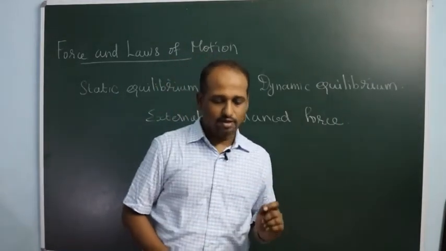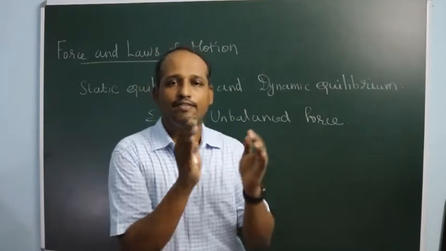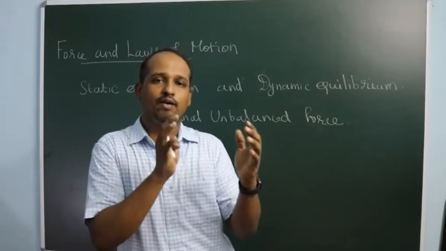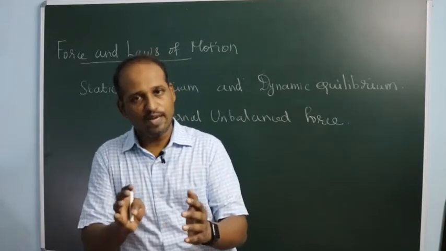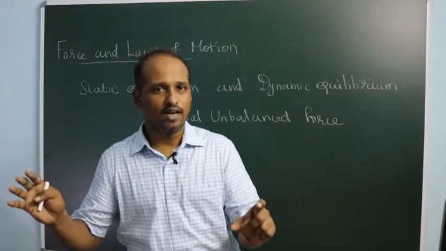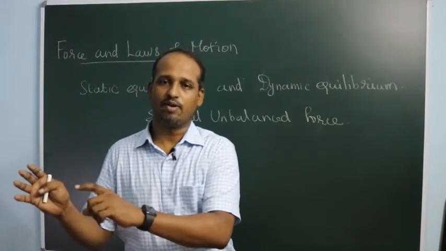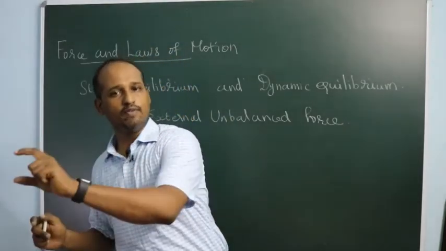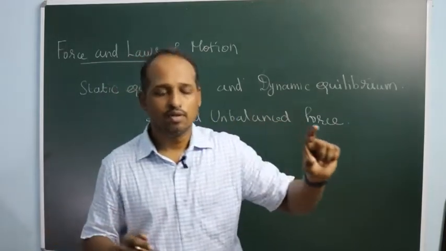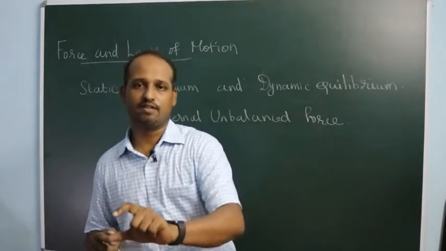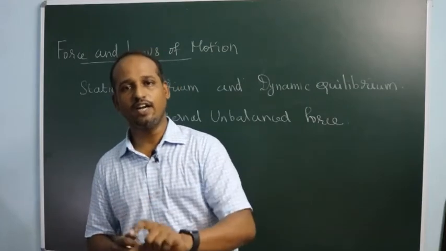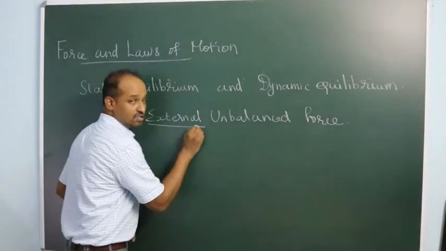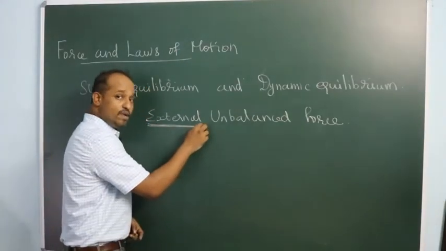So Newton said that an object at rest, which is static equilibrium, and an object moving with uniform speed in a straight line, that is kinetic equilibrium or dynamic equilibrium, does not change its state unless an external force acts, because internal forces are always balanced, so external force may or may not be balanced.